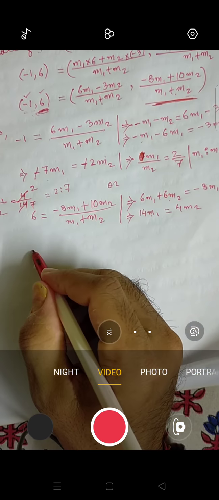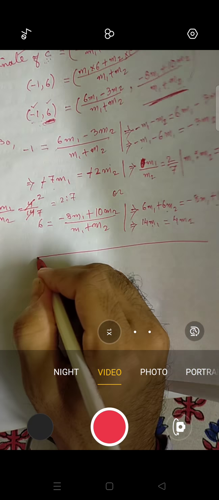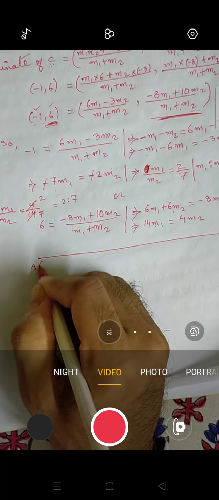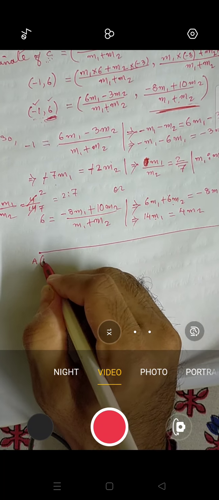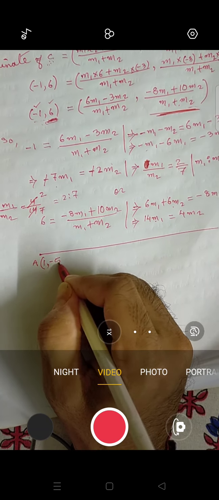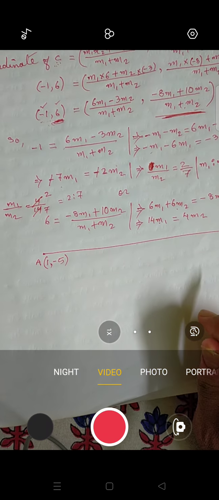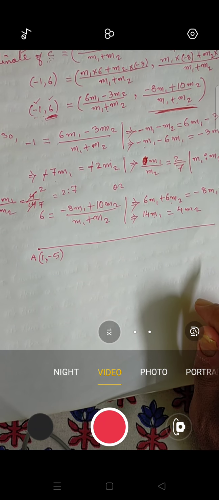So let us write, from your book you can write, let the line segment joining. First of all you will draw the diagram, then you will write. Then it will become easy to solve. So this is the line segment. Let this be A, and what is A? 1 comma minus 5.